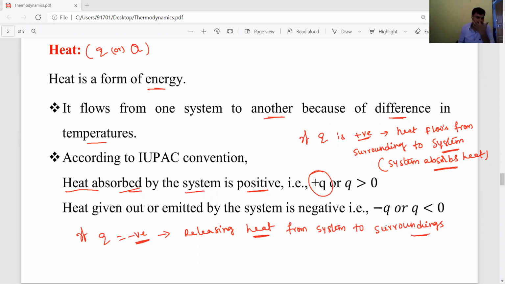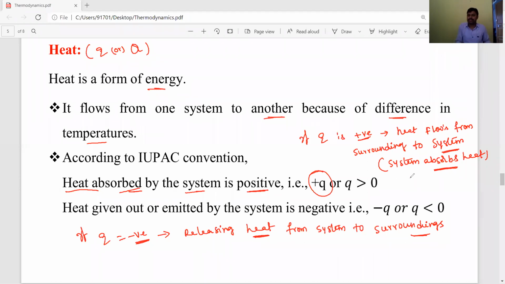So you have to remember that. Heat is a form of energy. It flows from one system to another, or from system to surroundings, or surroundings to system at different temperatures. If Q is positive, it indicates absorption of heat, meaning the system is absorbing heat from surroundings. The heat flows from surroundings to system.